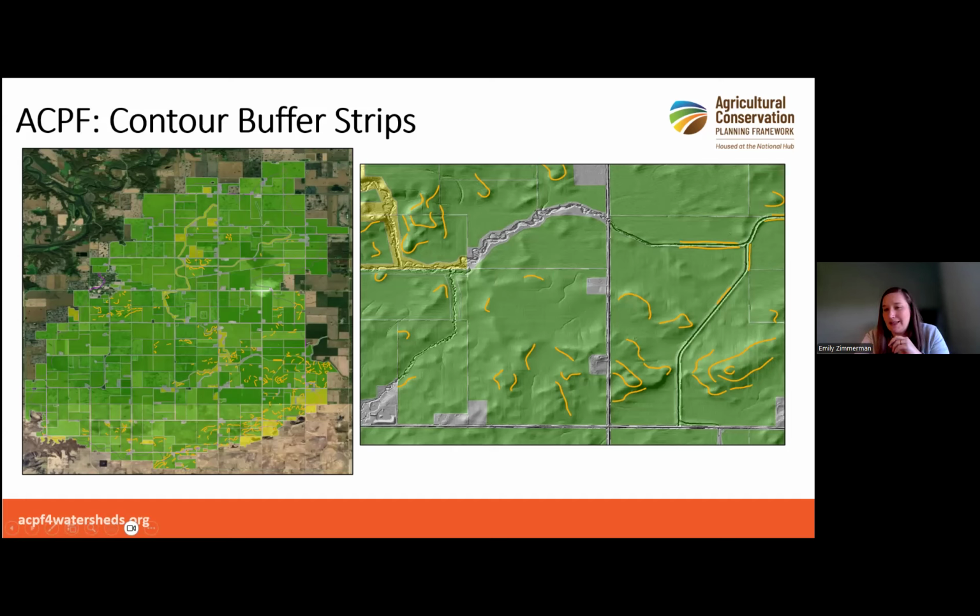My favorite one is this one where my cursor is in the lower right-hand corner of the zoomed in image, where you can actually see that spine and the contours that are forming around it to slow down, to disrupt that slope length and thus slow down runoff loss. Behind this contour buffer strip table is tabular data or attribute data about the size and the length of each one of these contour buffer strips. So that would give you potential estimations about contractors, materials, costs, things like that.